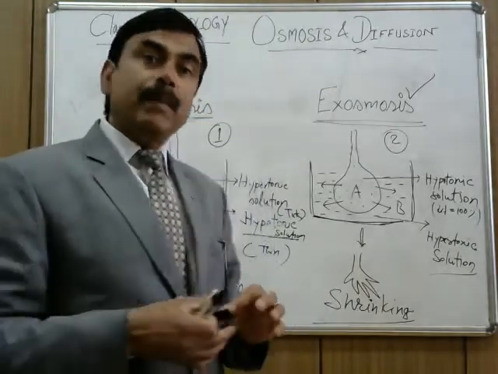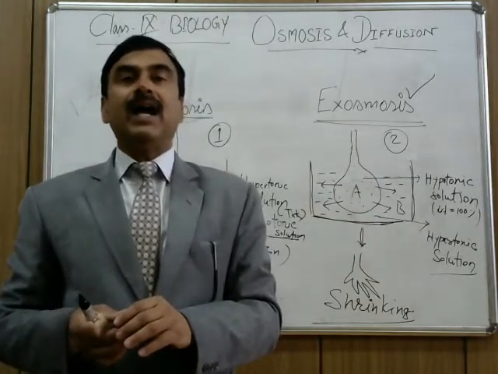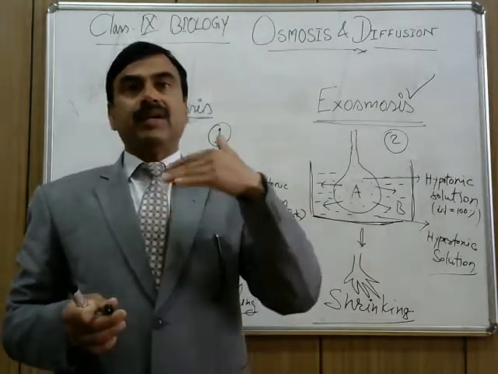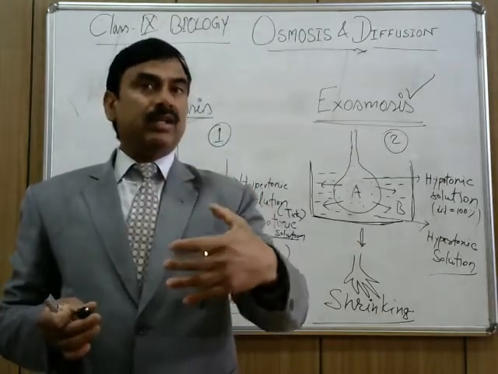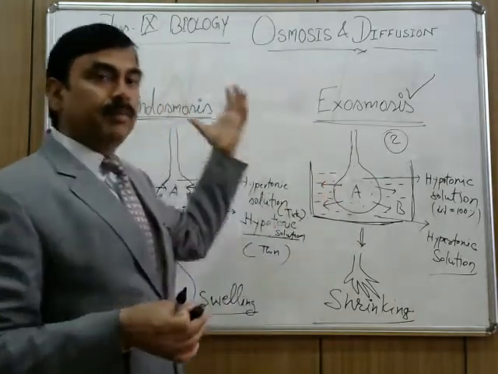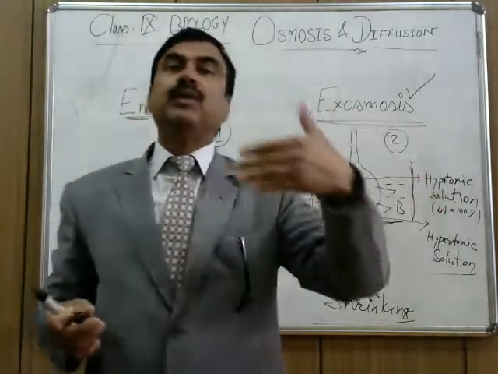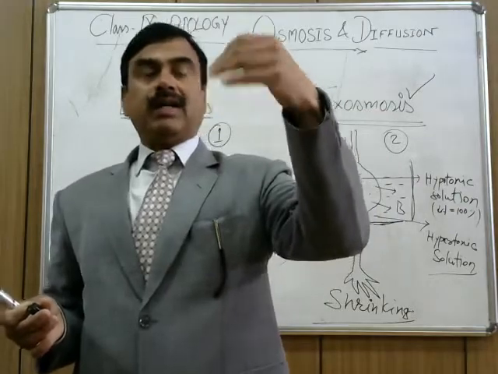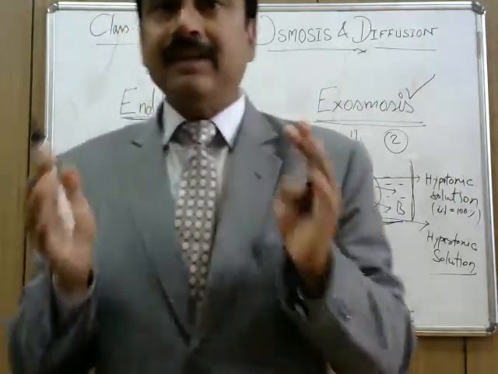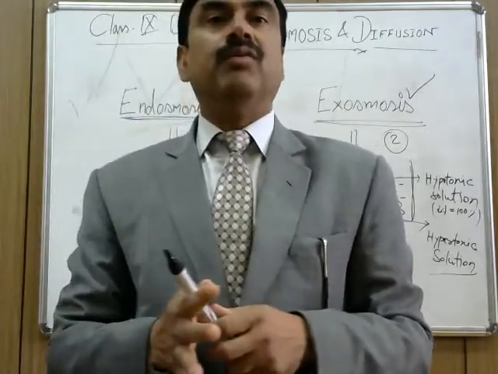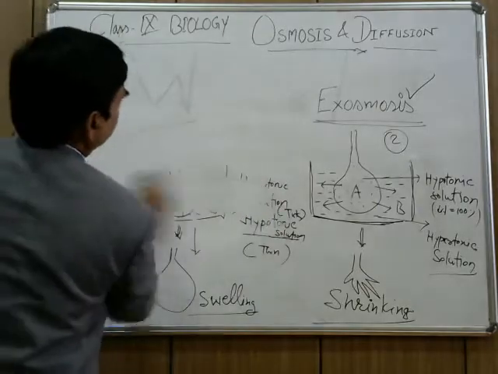It is occurring through the semi-permeable membrane, and that is very important for your annual exam, for your half yearly also, for the complete preparation of endosmosis, exosmosis. You have to prepare at least 4 or 5 questions I am going to give you for the assignment today, for your homework today.